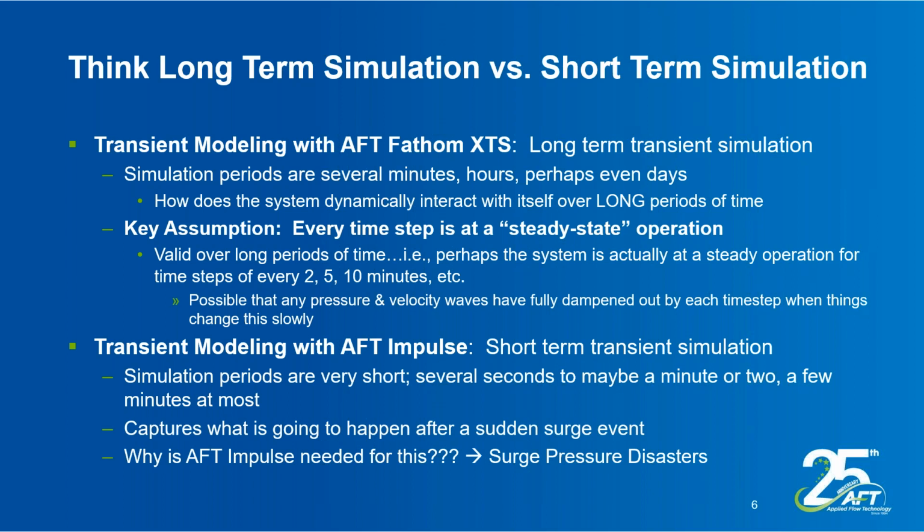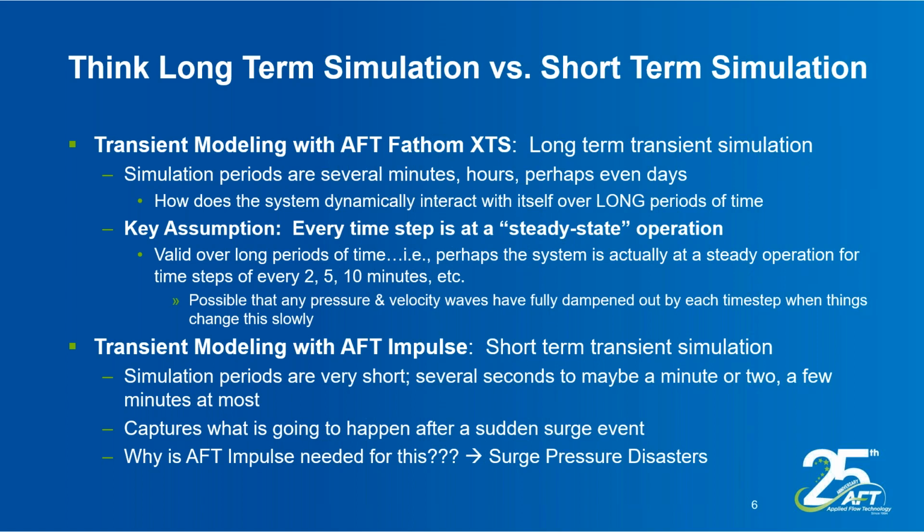Well, there are several different types of disasters that you could potentially encounter under a surge event. Pipes can rupture or they could collapse. You might run into a low pressure situation where the atmospheric pressure is greater than the pressure inside of your pipes, and that can cause your pipes to collapse.